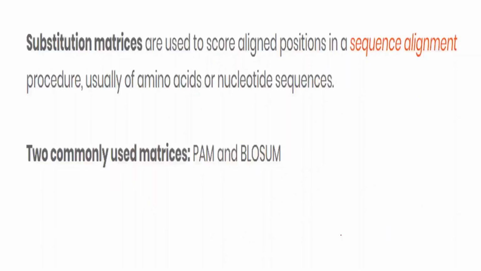Before going into the question, in BLAST there are two kinds of substitution matrix which are used to score the aligned positions in a sequence alignment procedure. It can be an amino acid sequence or a nucleotide sequence.